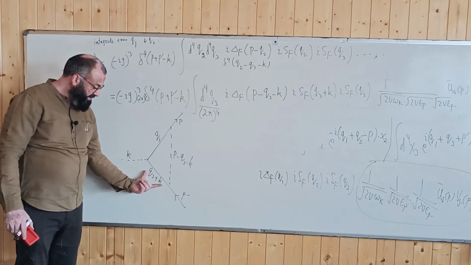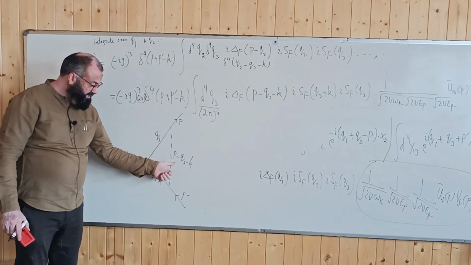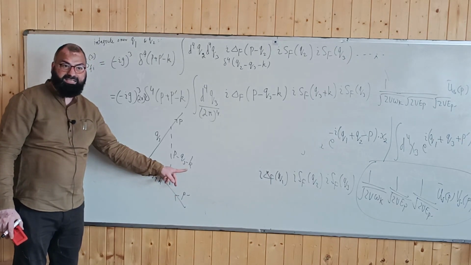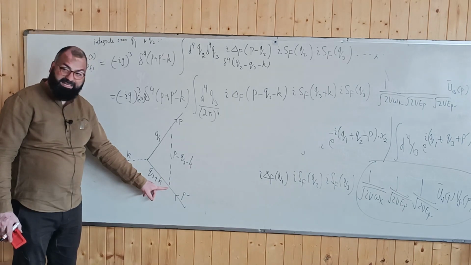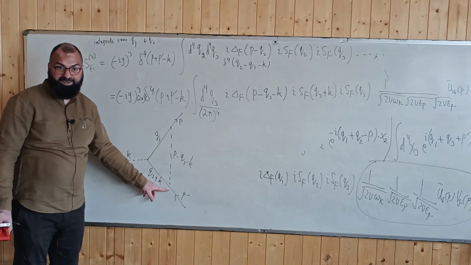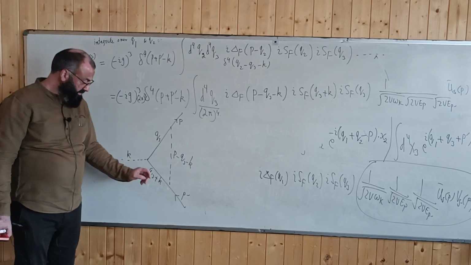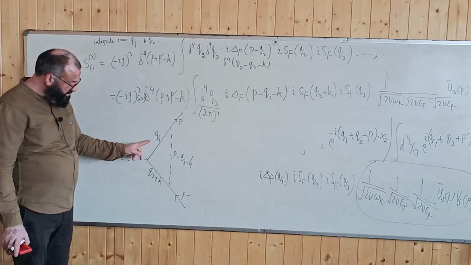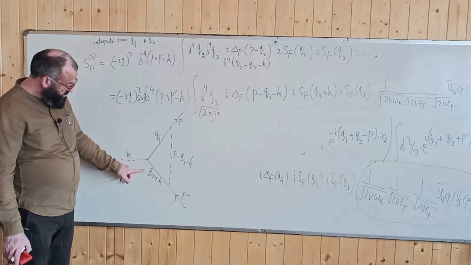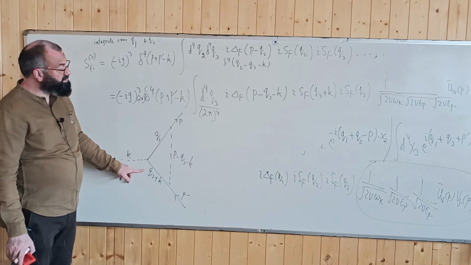Now let's sum them out. Q3 plus this thing. What you will get? You will get actually P prime is equal to P prime minus K, is it? So that means on this vertex, what is happening? P plus P prime is equal to K. Is that true? So the momentum conservation holds. So now let's look at this very vertex. Q3. So one will be minus Q3 something.